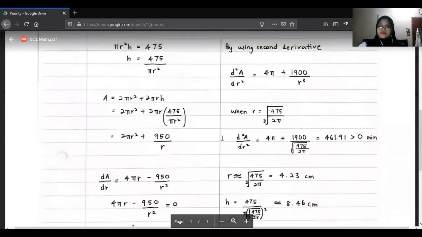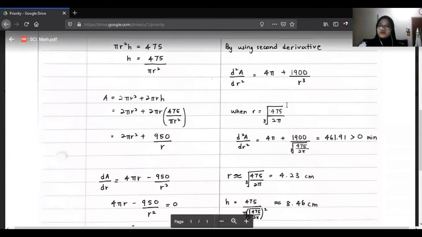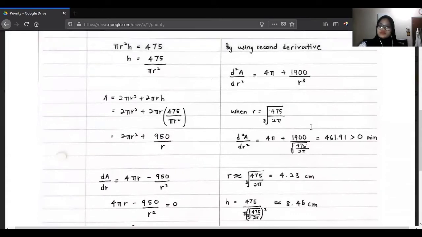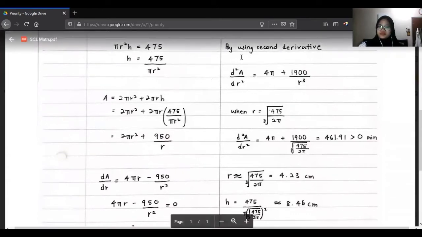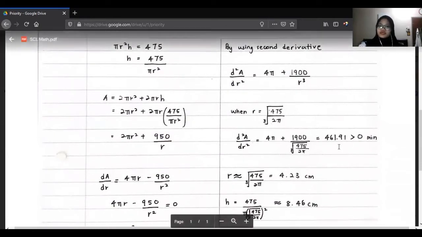So next step, by using the second derivative, we find whether the value is minimum or maximum. This is the second derivative of the function, and then we sub r into the function, and we find that the second derivative is bigger than 0. If the value is bigger than 0, it is minimum.